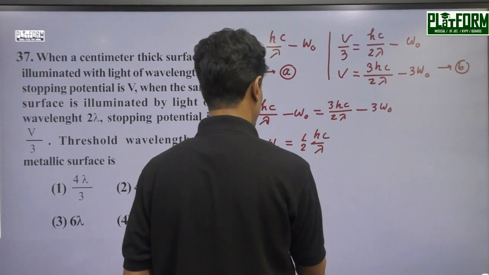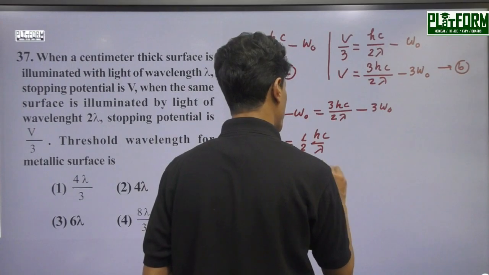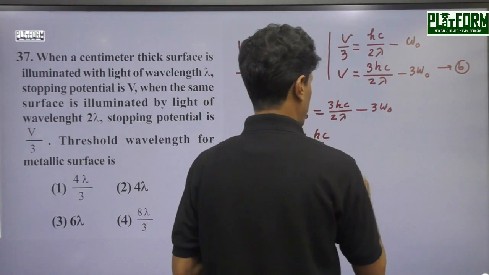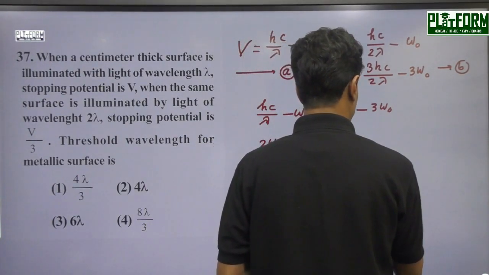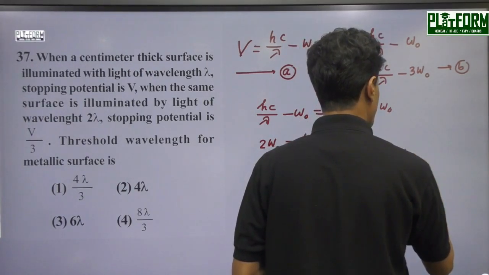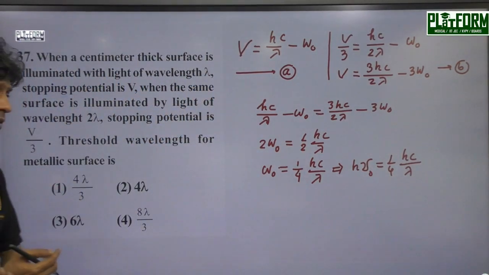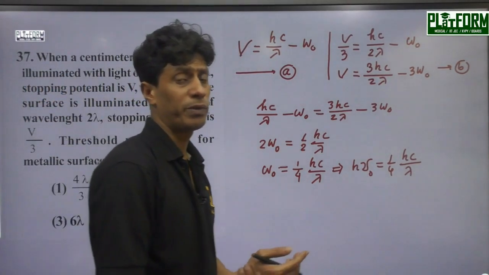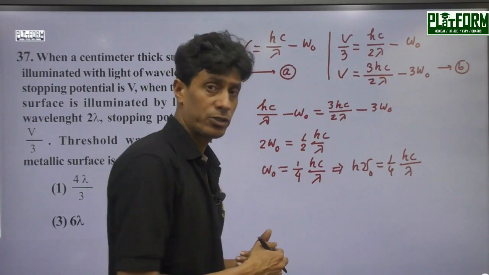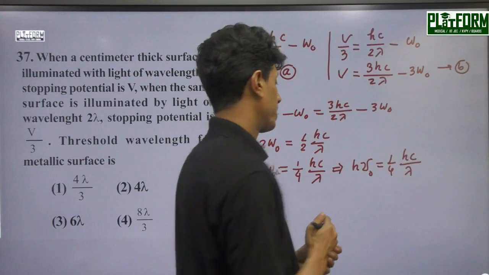Work function becomes 1 by 4 hc by lambda, and it is h nu naught. Nu naught is the threshold frequency, or the maximum wavelength corresponds to the threshold frequency, that is the minimum frequency of the incident light.